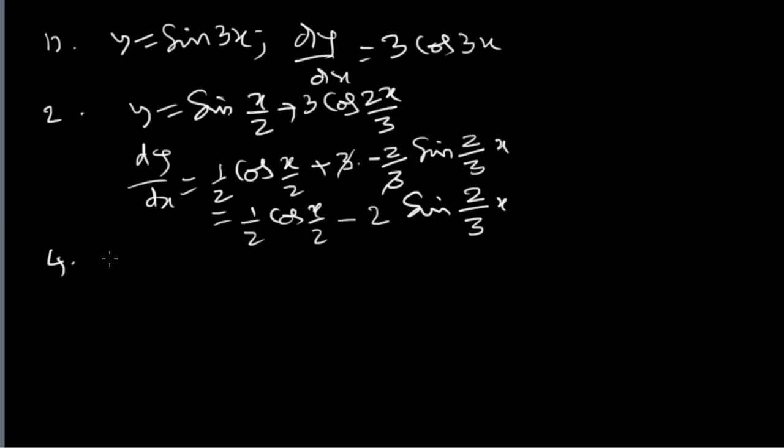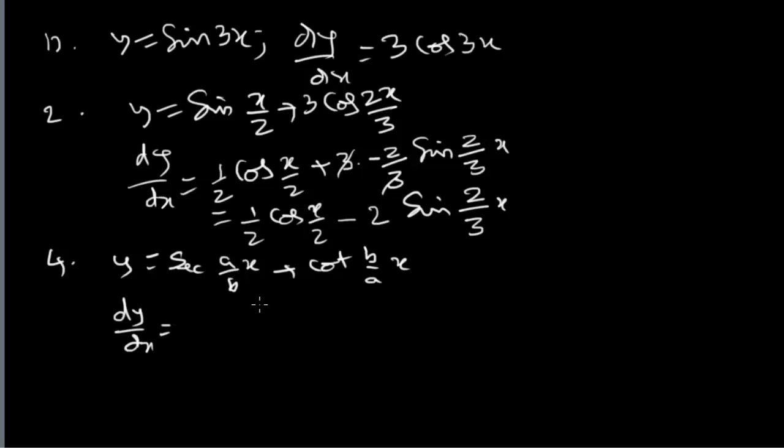Y is equal to secant ax by b, simply I am giving some fractions, plus cot b by a x. So you can see dy by dx. We are using the formula secant ax gives a secant ax tan ax. Here a is what? A by b.